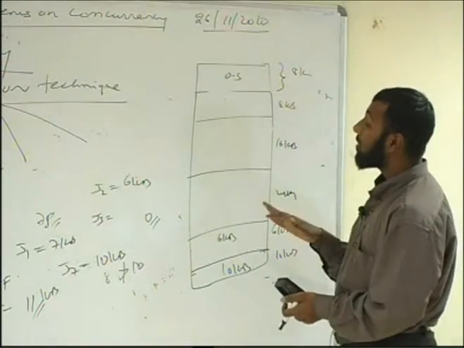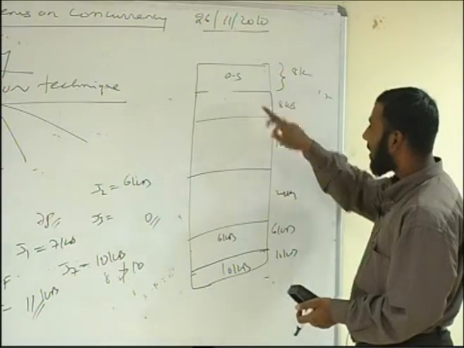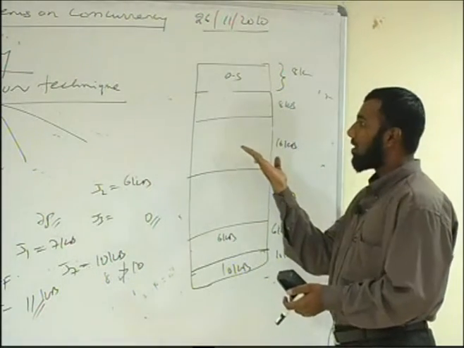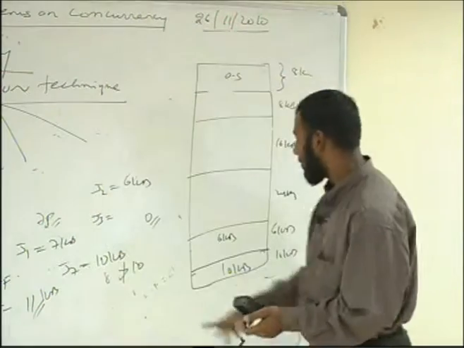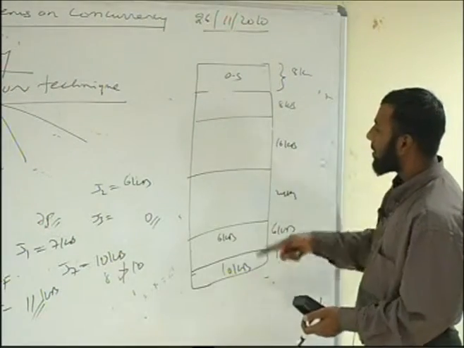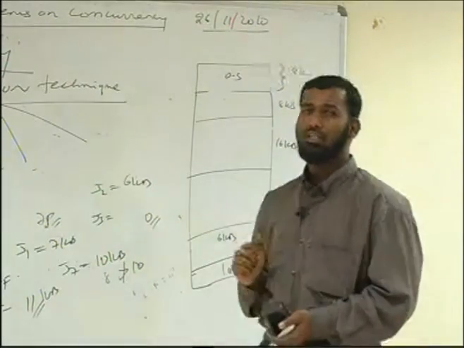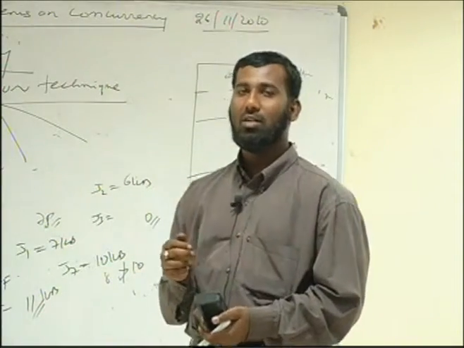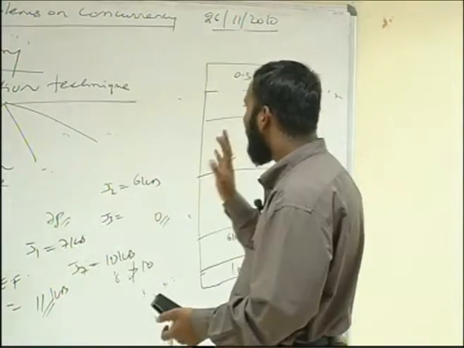Now assume that another process of 6 kilobytes has already occupied this, then where do I allow another process of size 7 kilobytes? Again a problem, so I have to take one decision. In order to decide which job goes to which partition, we run different algorithms called best fit, worst fit, next fit, or first fit.